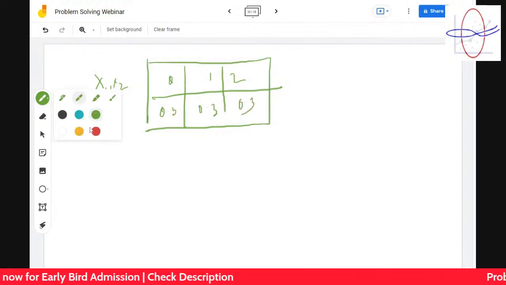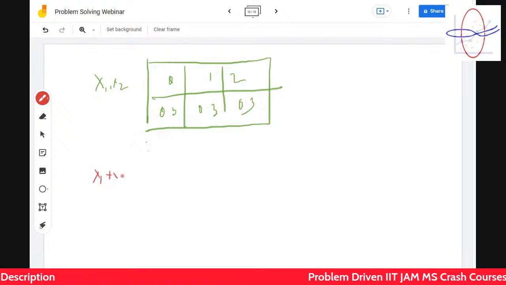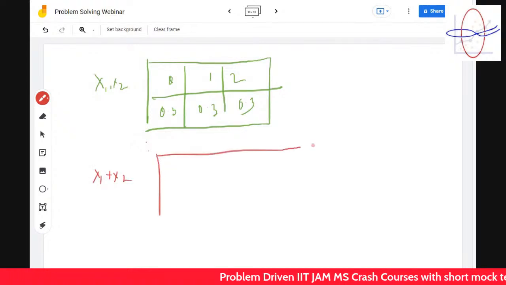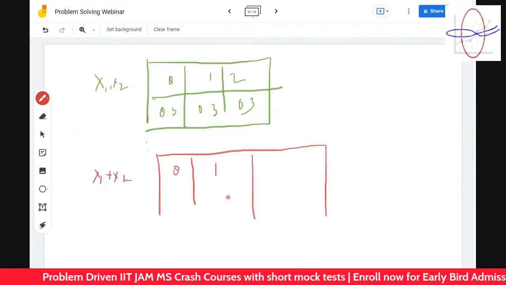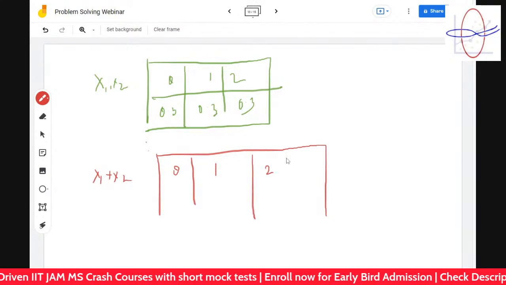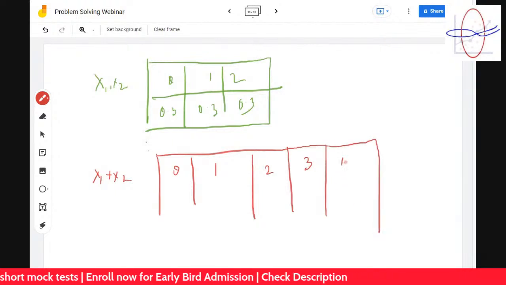Okay, let's take uniformly. x1 and x2 take values here, so x1 plus x2 takes values 0, 1, 2, 3, and 4, right?